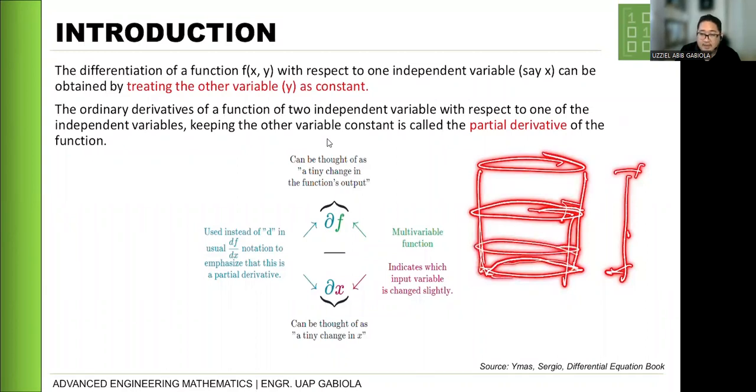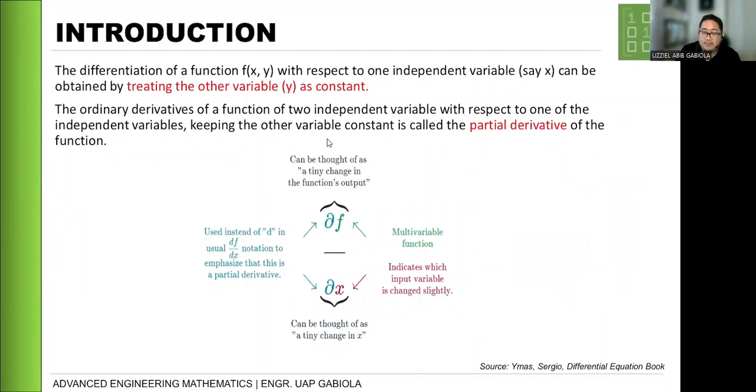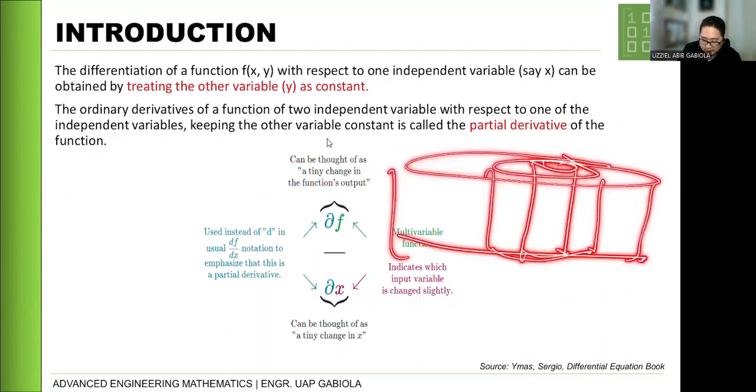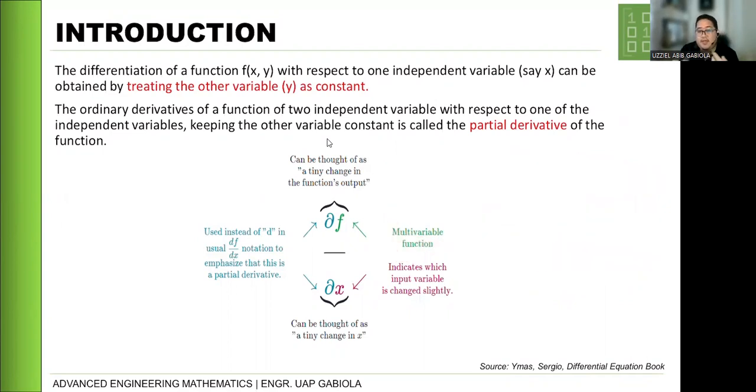Okay? Same as halimbawa, nag-change yung radius natin, pero yung height is retained. Halimbawa, ito yung ating cylinder, no? Pero nag-change yung radius niya, sabihin, pwede lang siyang lumaki, pero yung height niya is remain, no? Or pwede siyang lumiit, pero yung height niya is the same. So treating one variable as constant, ano yung mangyayari dun sa function natin? So basically, yun yung gustong sabihin ni partial derivative.